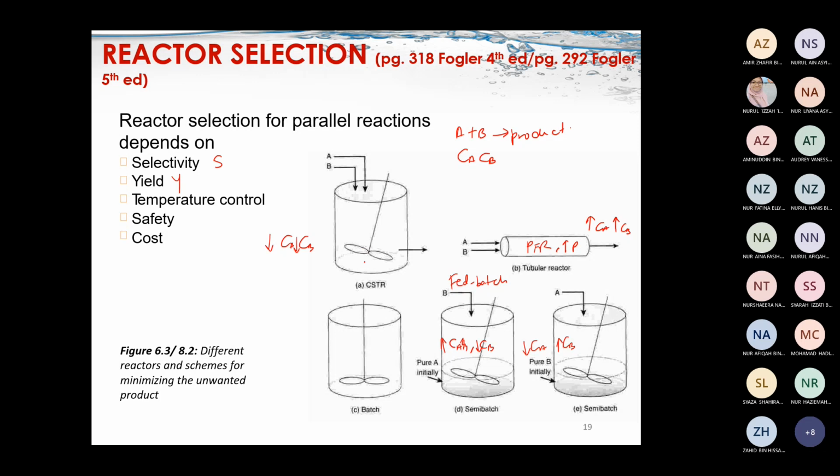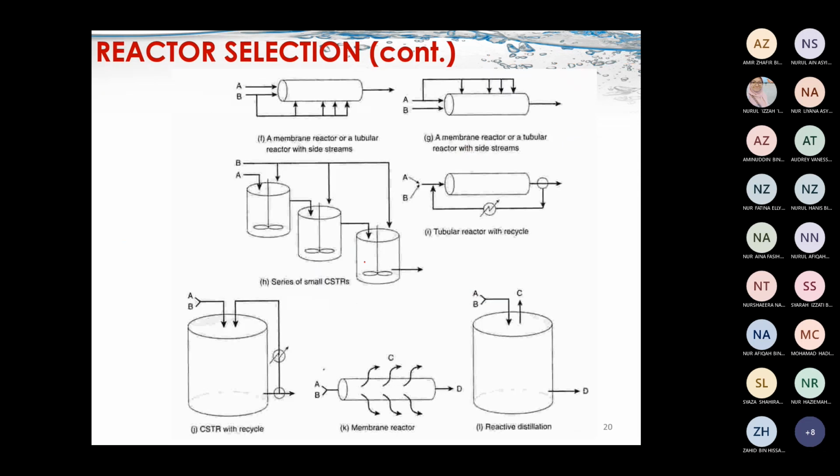Okay, alright. So here, if there is a side reaction, or we have a side stream, sorry, that is the name, a side stream, we use it if we want low concentration. We put in another stream, called a side stream, because we want to lower its concentration. That is the purpose of the side stream.